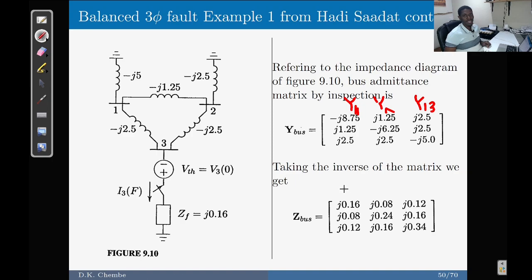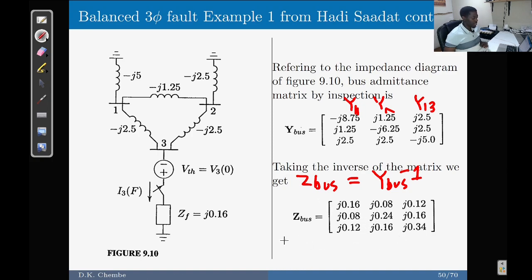You can use the determinant approach to come up with the inverse of this matrix. And so this Z bus is determined from getting the Y bus inverse. And this gives us these variables.